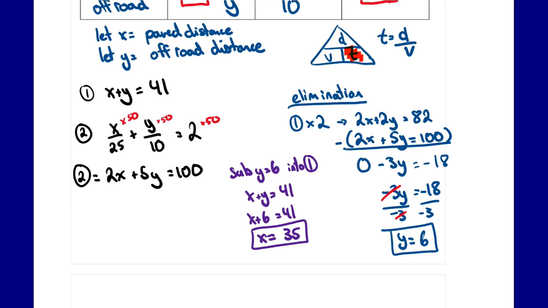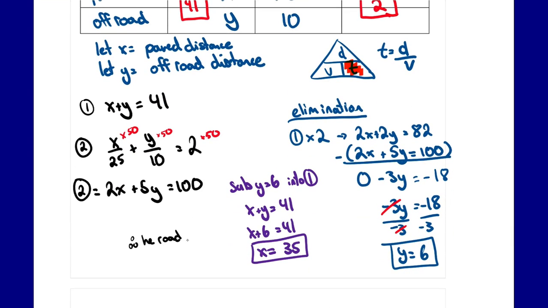So now I have my two components. So therefore, he rode 35 kilometers on paved and 6 kilometers off-road.